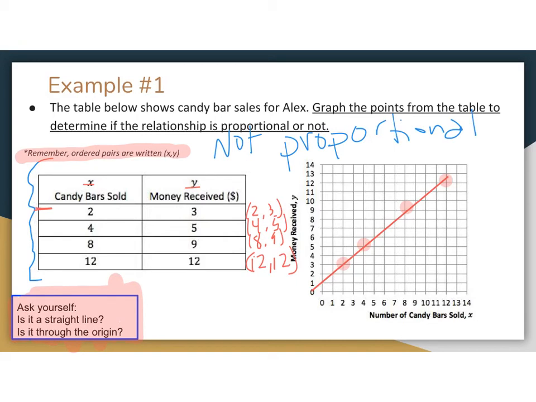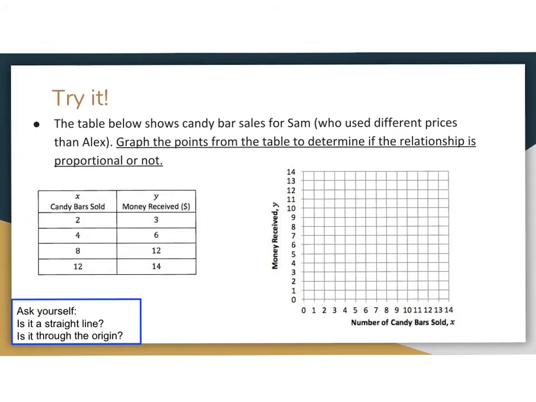So, I hope that you guys are ready to try one on your own. I do think this is kind of straightforward. So, the next one will be a try it problem. Please try it to the best of your ability. Alright, so I do want you guys to go ahead and try it, write what's underlined.